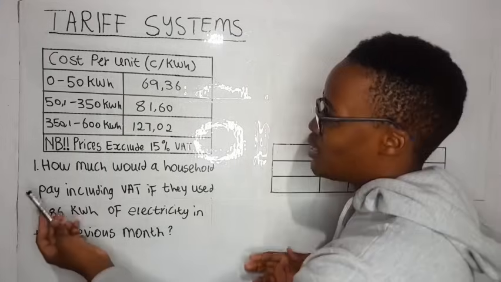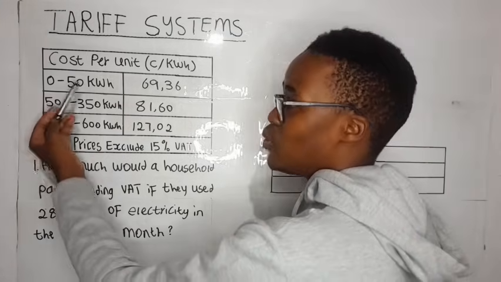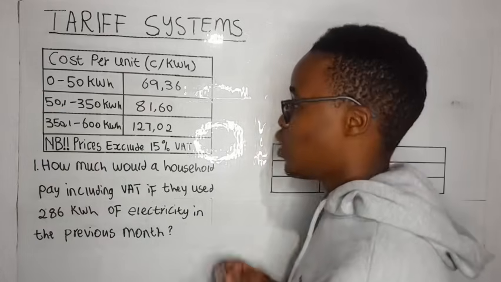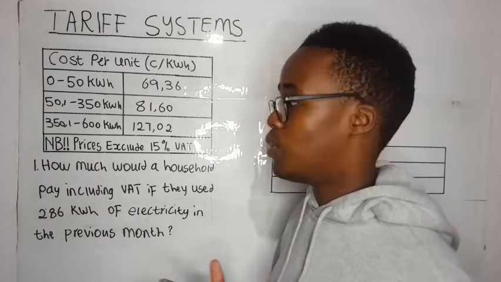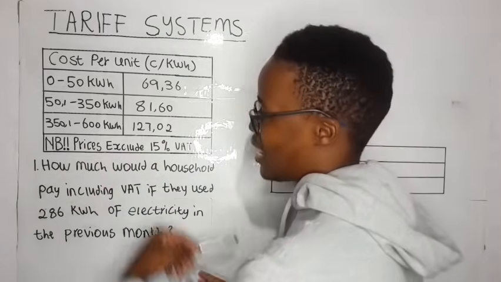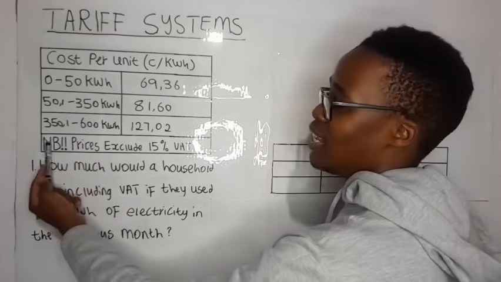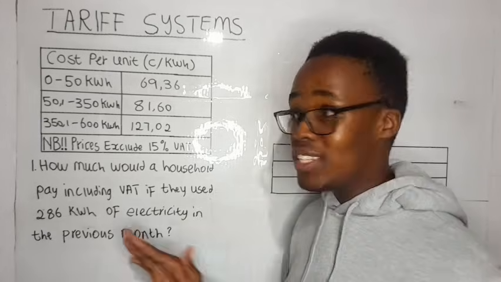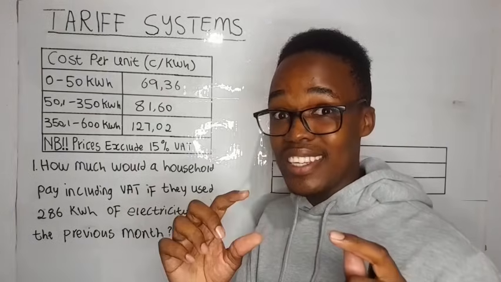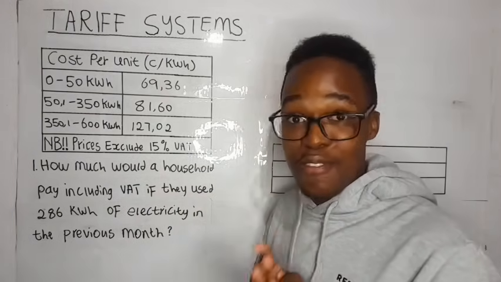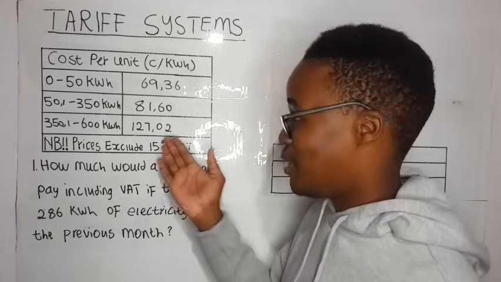When you go forward, here they tell us that from 50.1 to 350 kilowatts, they charge the person 81.60 cents per kilowatt. Same thing goes on with the next line. As you continue looking at the table, there's information here that is usually written in small letters, so if you are not reading the question paper carefully, you will miss it.